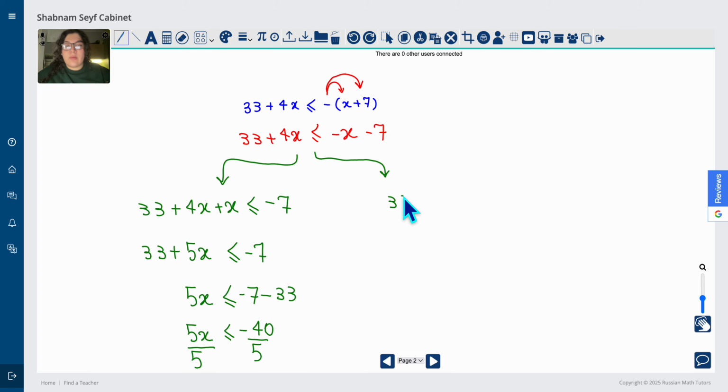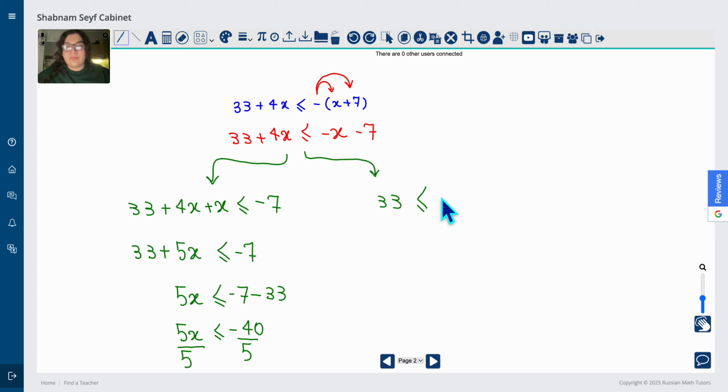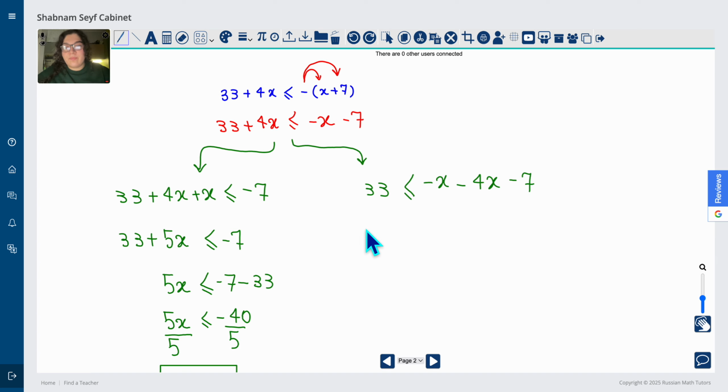We're going to be left with 33 is smaller than or equal to negative x minus 4x minus 7. Let's simplify. 33 is smaller than or equal to negative 5x minus 7.